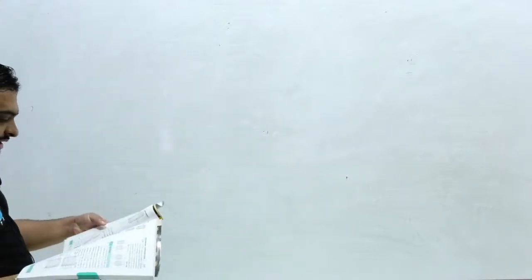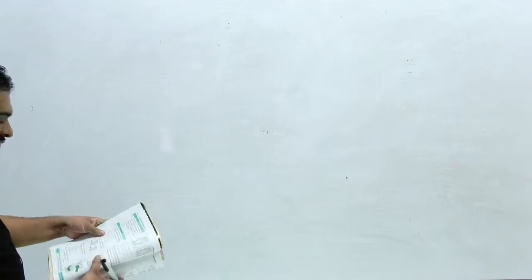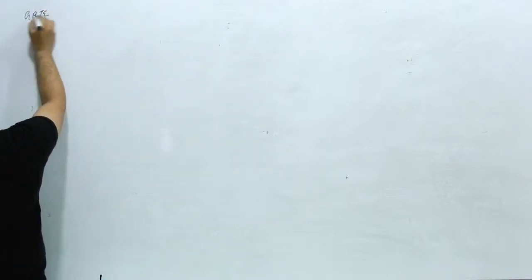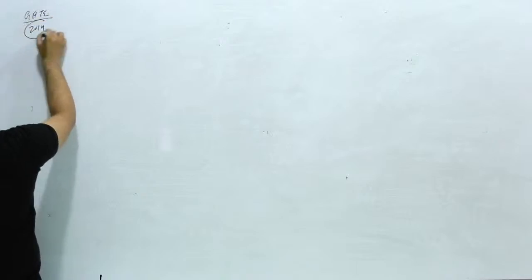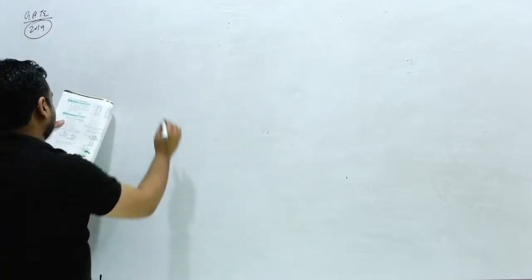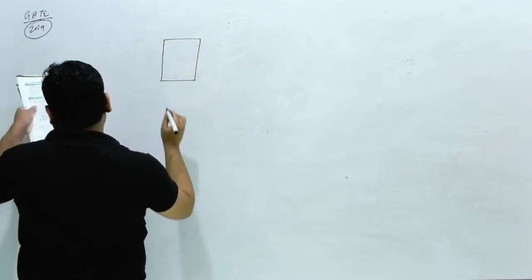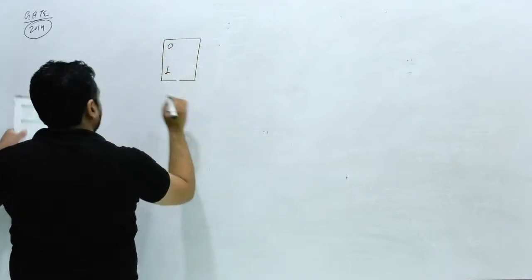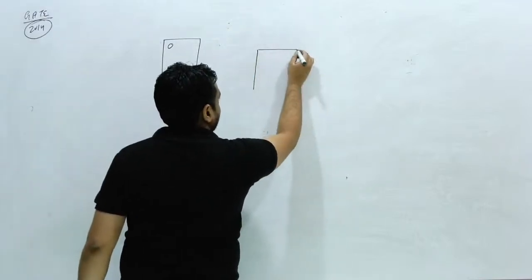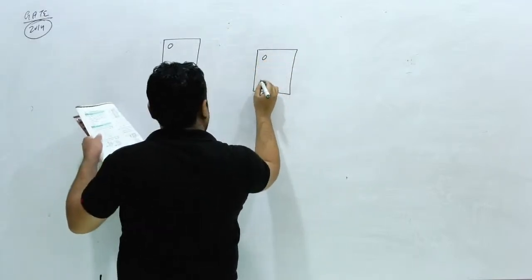Now from GATE 2014, a very simple question. Two multiplexers are given like this. This is 0 and this is 1. One more multiplexer is given like this. This is 0 and this is 1.